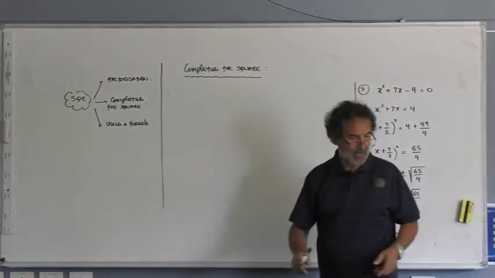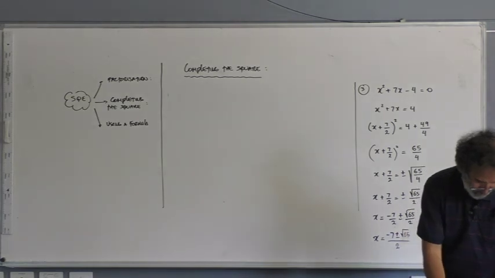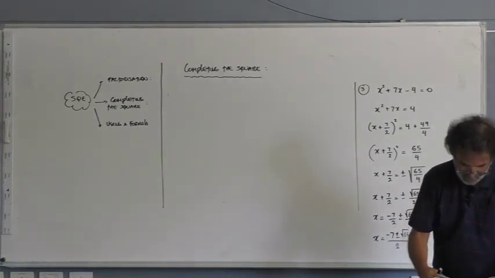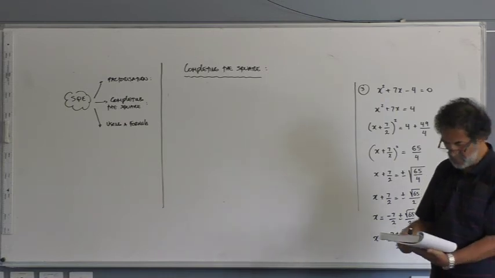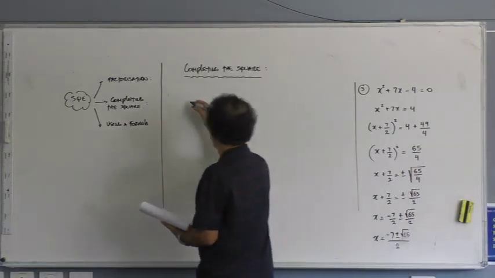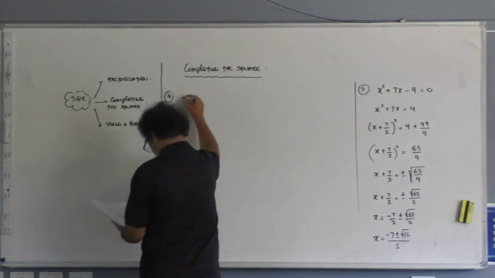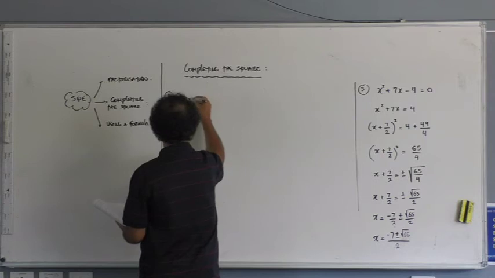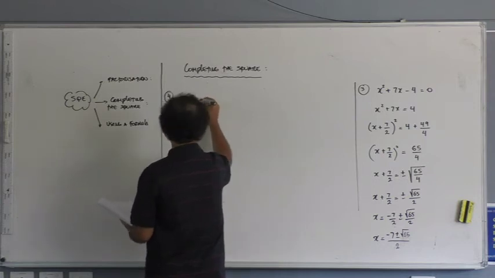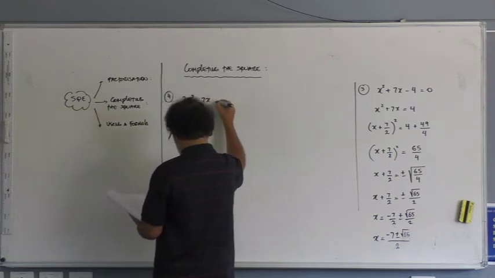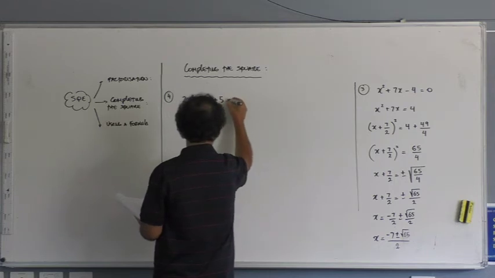Okay, let's say that you have this one. That is question 4. 2x squared minus 7x plus 5 equals 0.